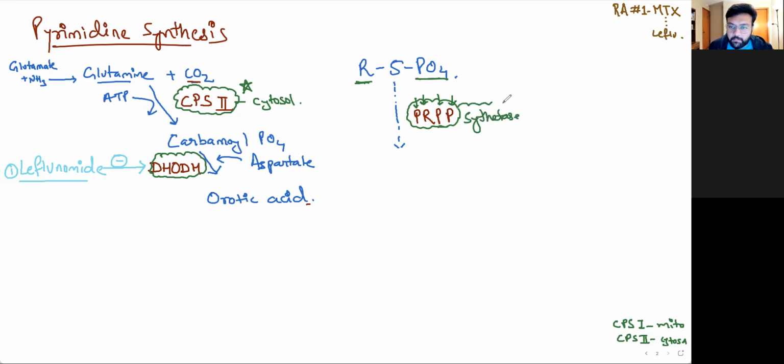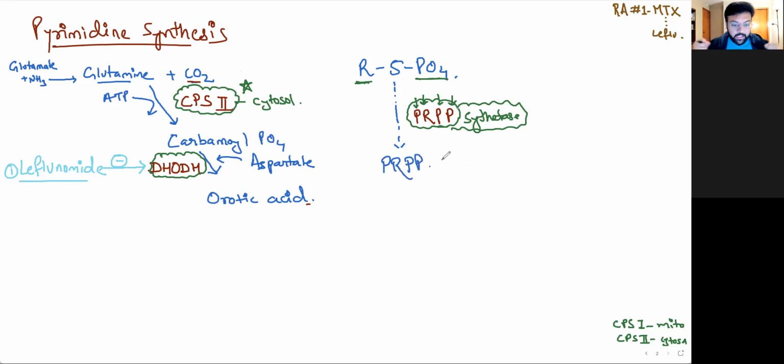So I'm going to combine these. With ribose 5 phosphate, you want to add 2 more phosphates with the help of the enzyme PRPP synthetase. As the name says, it's PRPP synthetase, and your end product is just PRPP.